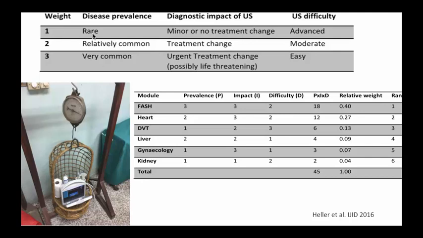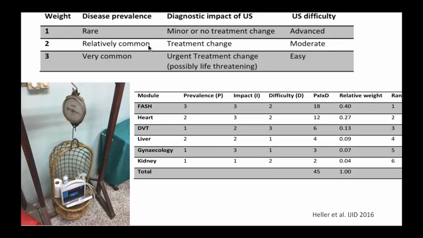So from this prevalence data, we can rate the diseases. Some are rare, some are relatively common, and some are very common. Of course, the more common the disease, the more sense it makes to teach the ultrasound skill. But it's not only dependent on the frequency that we see the problem.